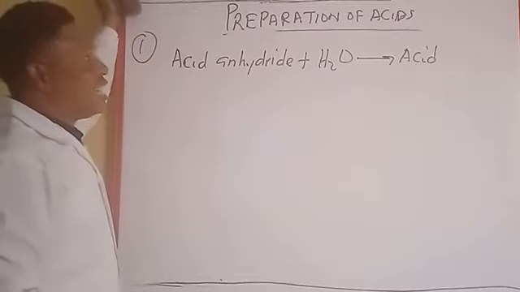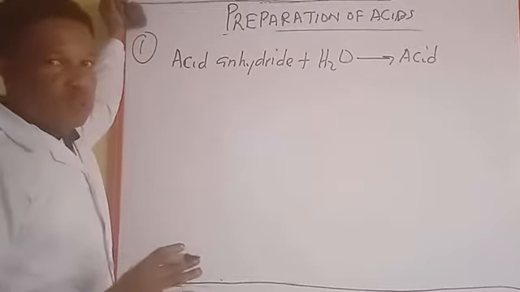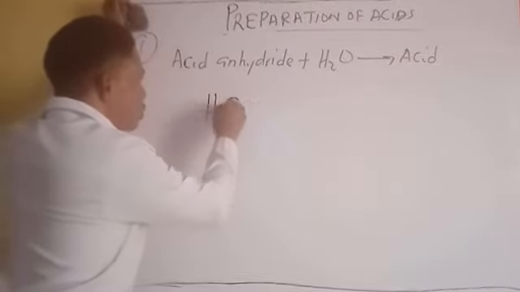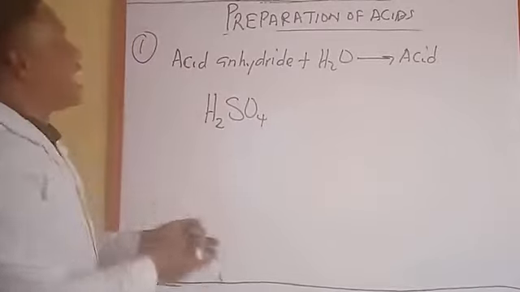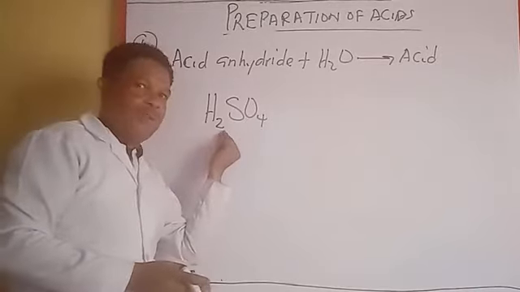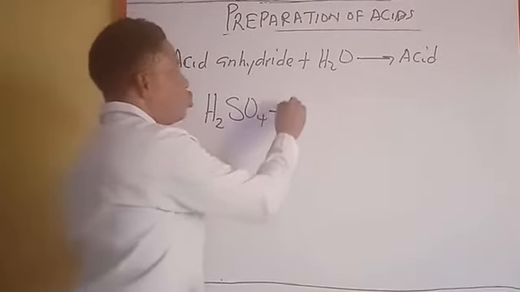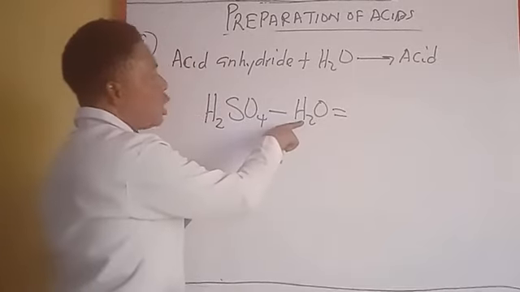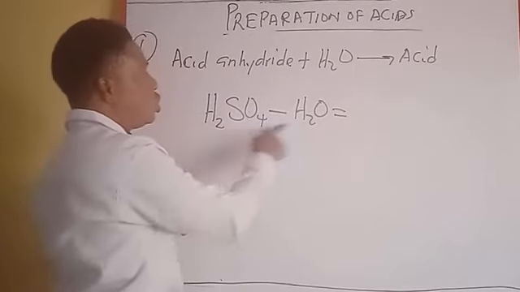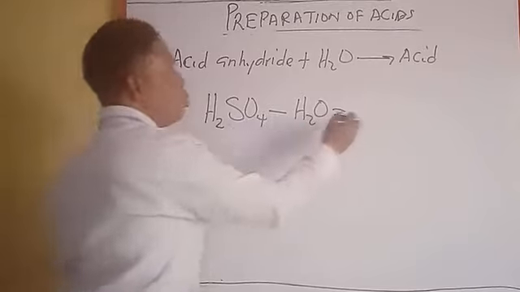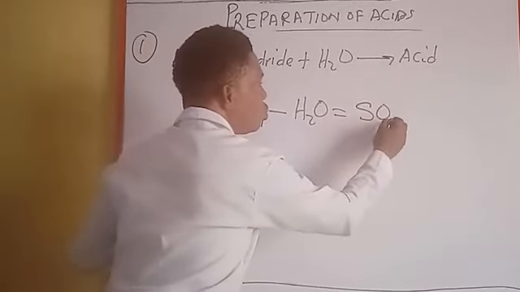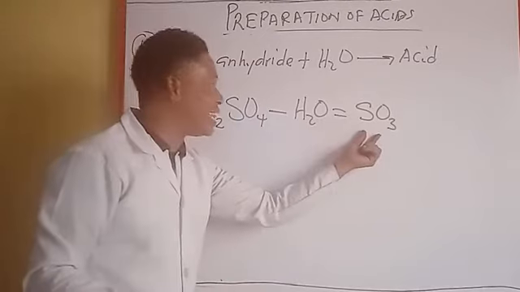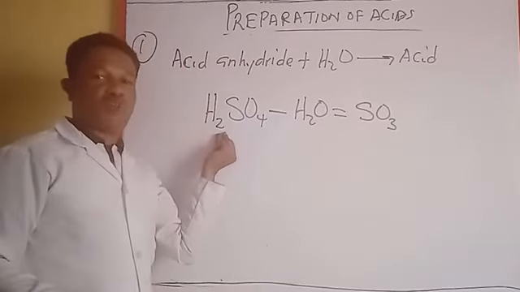An acid anhydride is acid minus water. For example, look at H2XO4, which is an acid. What is the acid anhydride of this acid? Minus water from it, what do you have left? Two hydrogens are gone, and one oxygen is removed. What you now have is XO3. So XO3 is the acid anhydride of H2XO4.